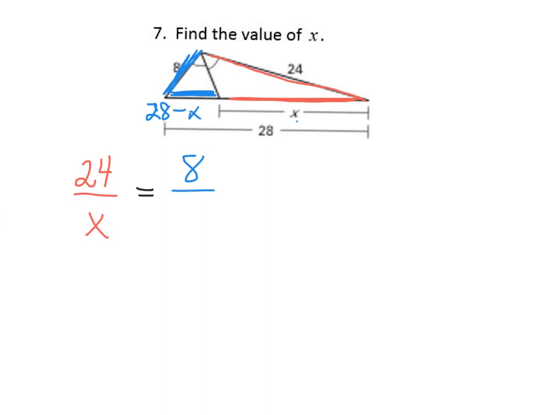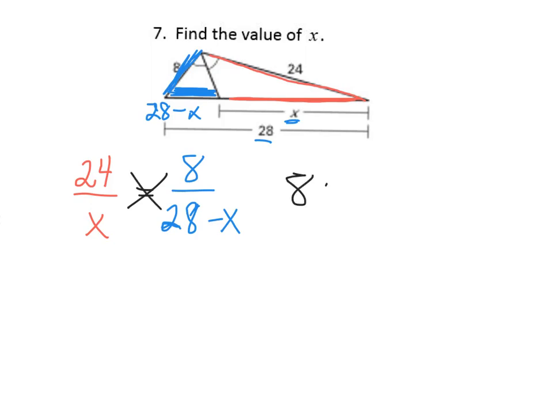Because whatever x is, that's how I would find this length. I would just take the whole thing minus x. So that's what I'm going to fill in here down with my proportion, 28 minus x. As soon as I have it set up, now I can just go through, cross multiply, and solve.